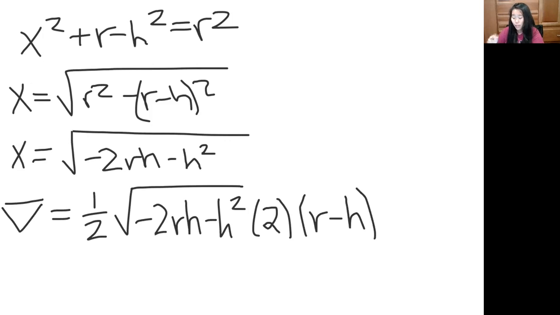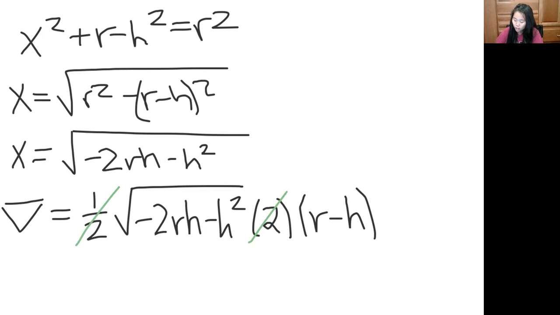It's 1/2 base times height, and this base is that x. So the 1/2 and the 2 cancel out, and now we're left with the triangle is equal to the square root of negative 2rh minus h squared, multiplied by r minus h.